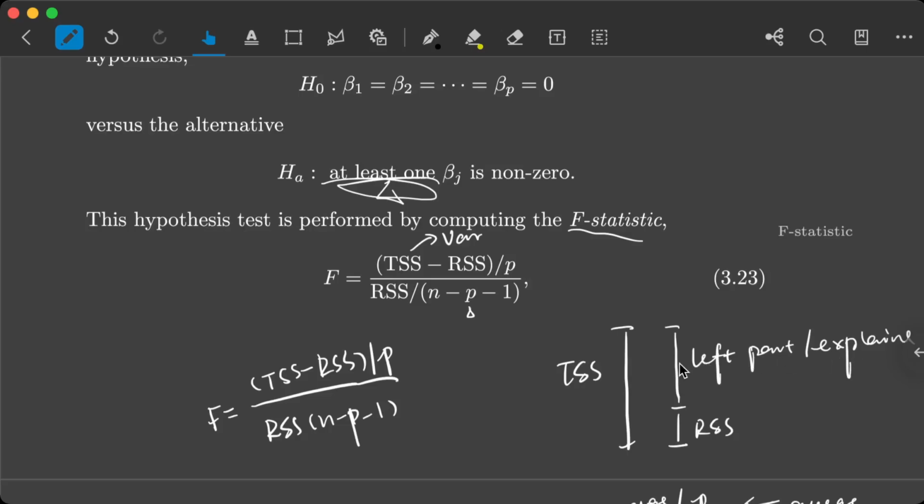So the left part is what we have explained with x. This describes the amount of information we have gotten from x, and by dividing it by p, we get the average amount of information we get from x to estimate y.